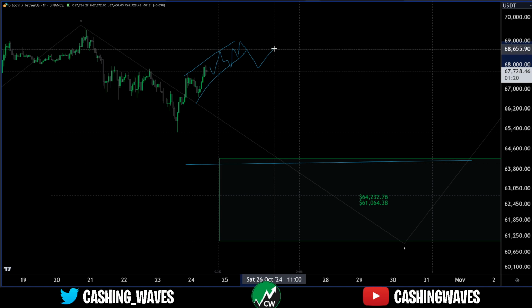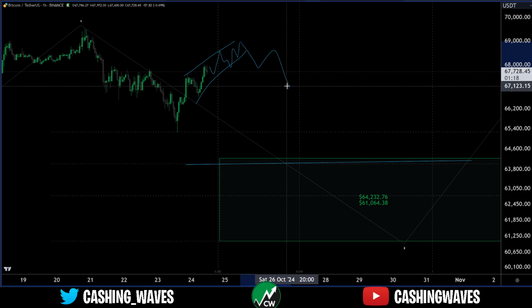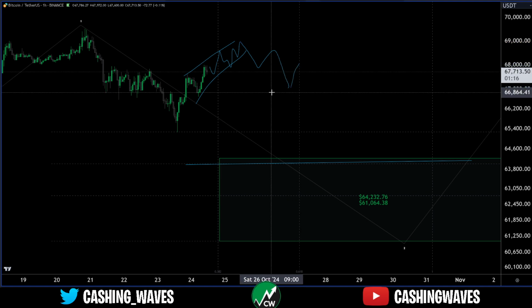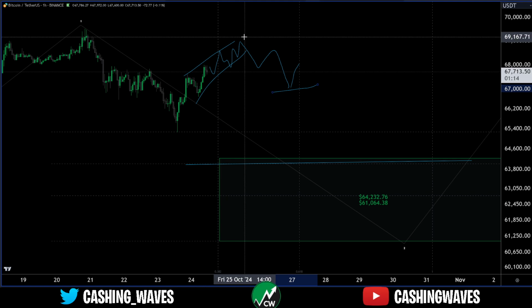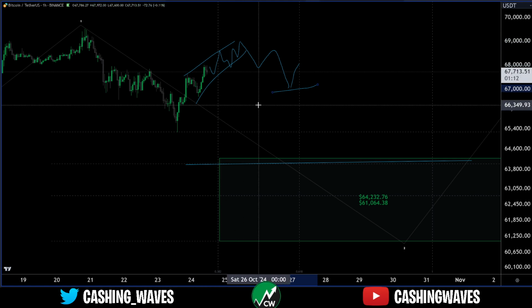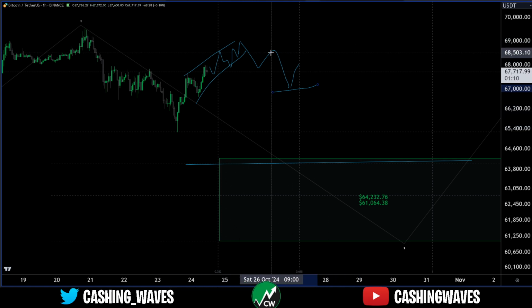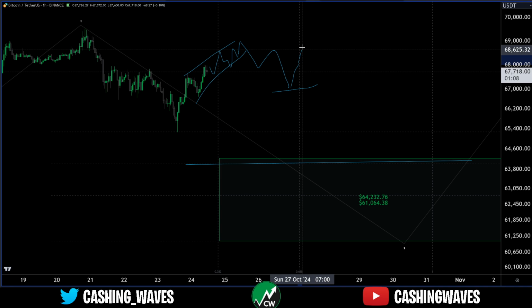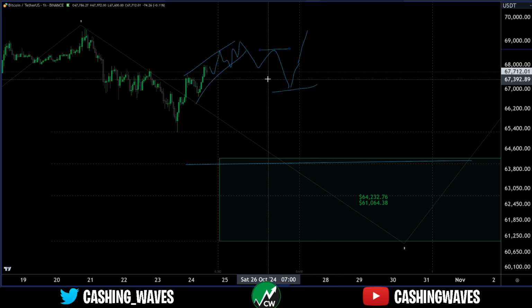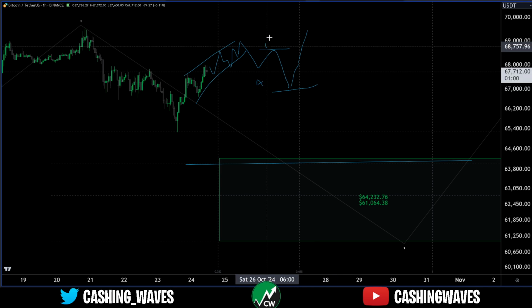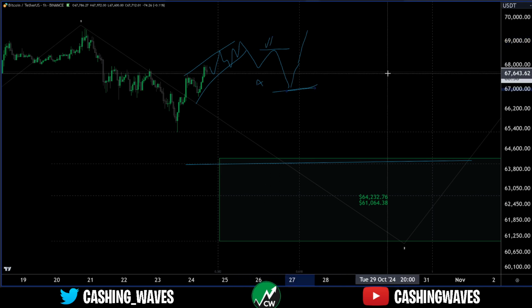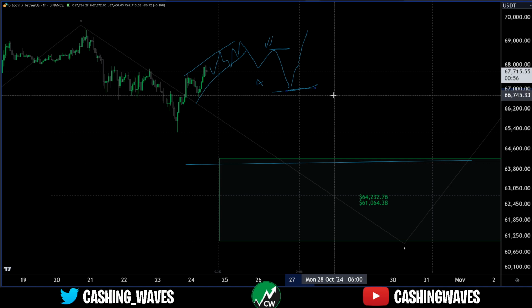Get a nice ABC sideways, and it's starting to recover. What I like to do in those situations, because they mimic each other exactly as a correction or a diagonal, is I wait for the correction to complete and I wait for the impulse to start. I buy the breakout of the B wave of the smaller correction, and then stop can go at this low. That's a pretty safe way to do it.